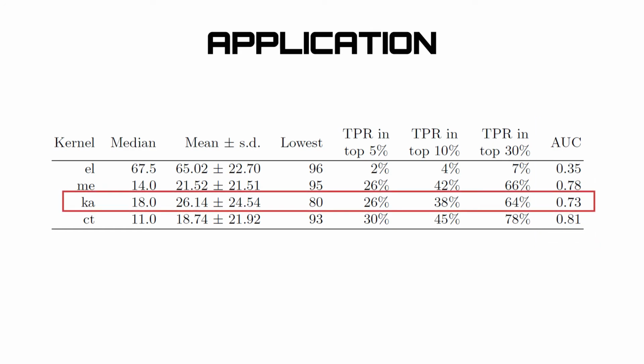Checking this table, we can observe that the kernelized adjacency matrix obtains acceptable results, which indicates that our dataset contains enough information to predict our target genes.